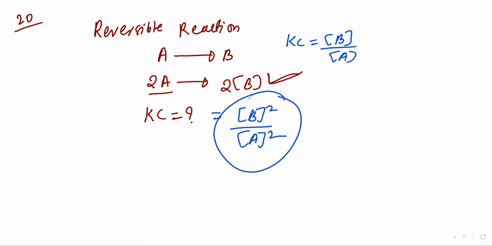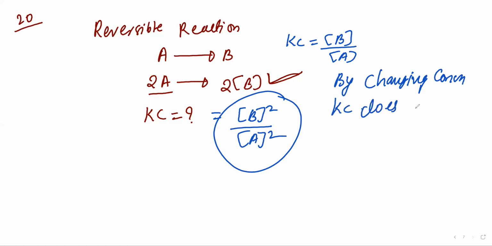So both are becoming double, right? So by changing concentration, the equilibrium constant doesn't change. So Kc does not change, right?